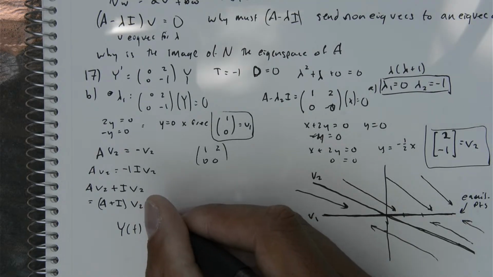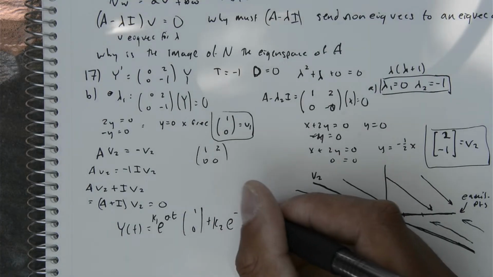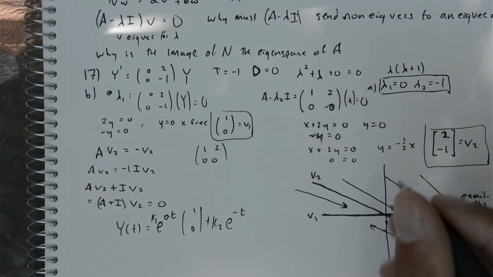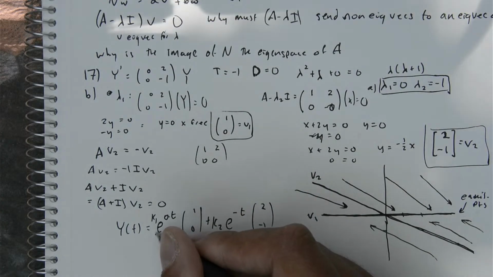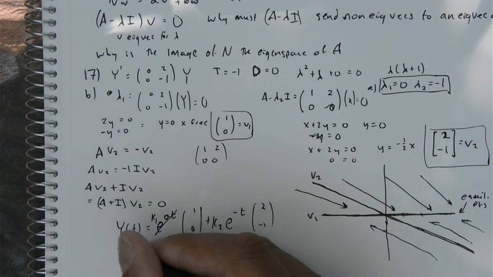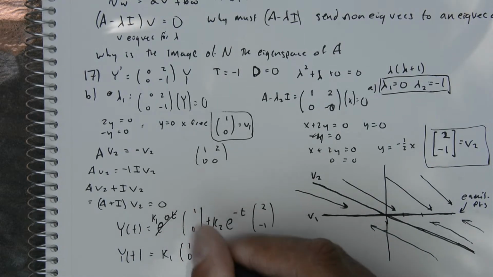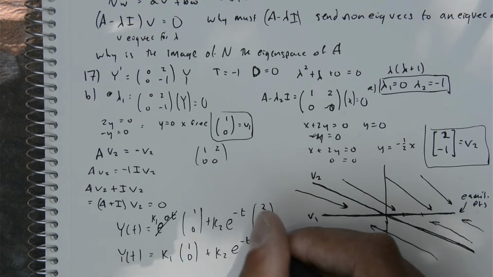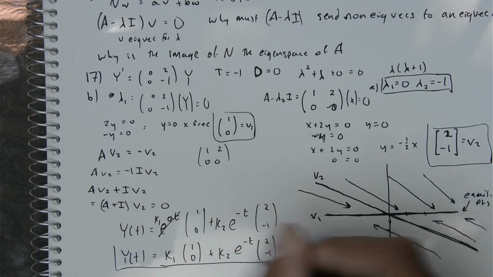This is going to be k1 plus k2 times e to the minus t, because lambda is equal to minus 1, times v2, which is 2, minus 1. But notice that e to the 0t goes to 1, so then we get y of t is equal to k1 times 1, 0 plus k2 e to the minus t times 2, minus 1. So this is our general solution.